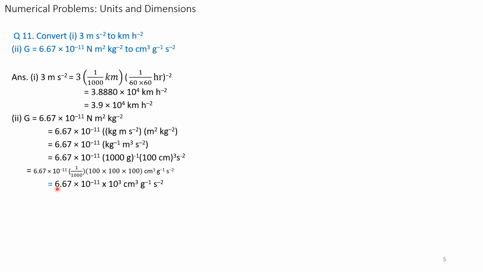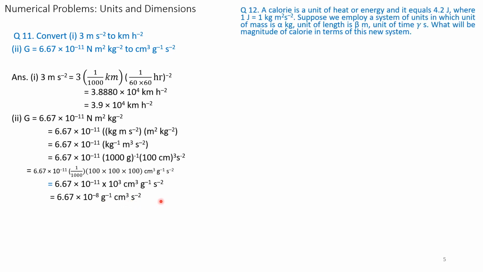That becomes 6.67 into 10 to the power of minus 11 into 10 to the power of 3 centimeter cube per gram per second square. Therefore, it can be written as 6.67 into 10 to the power of minus 8 centimeter cube per gram per second square. That is the answer. Next question.